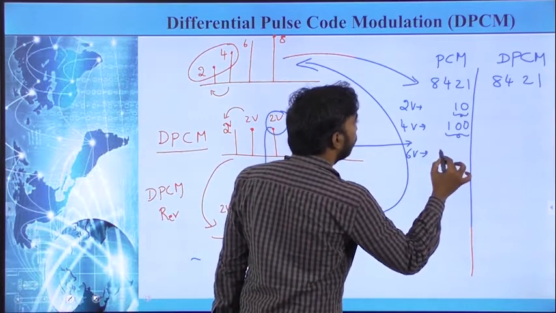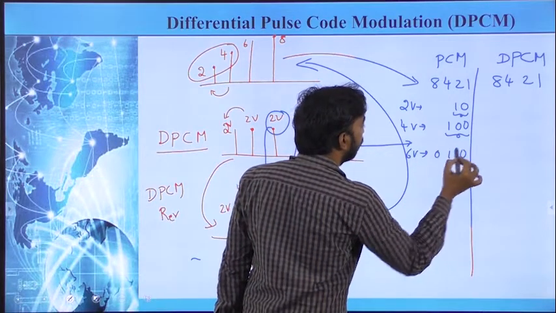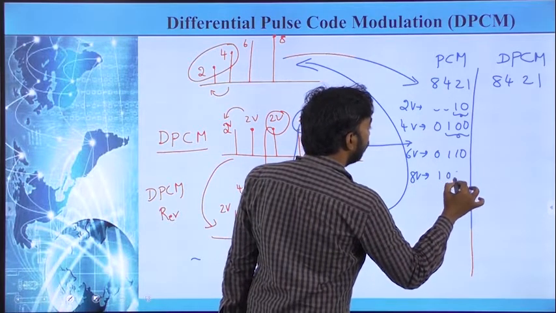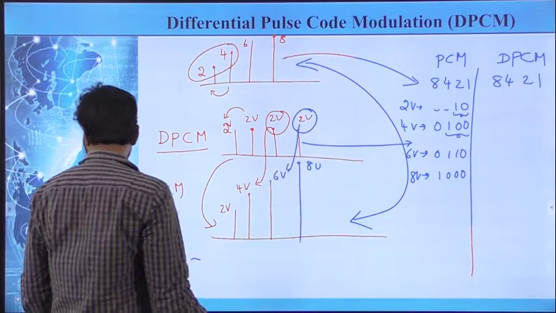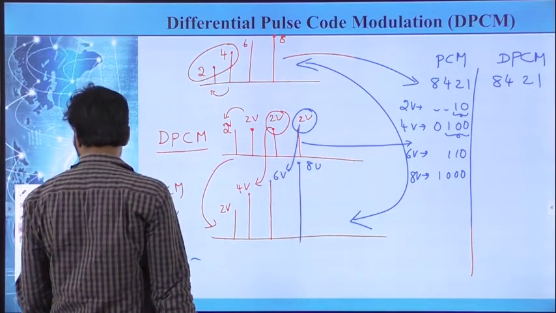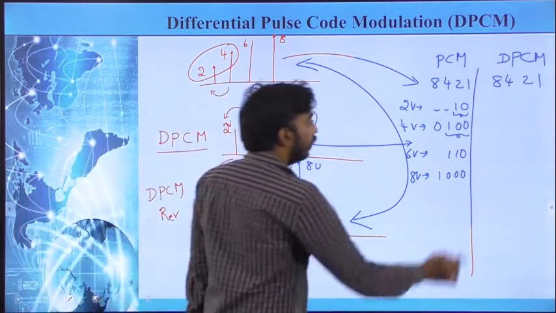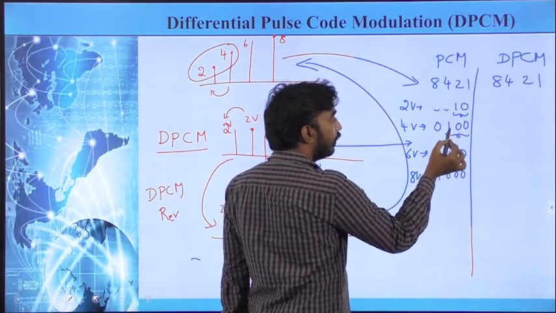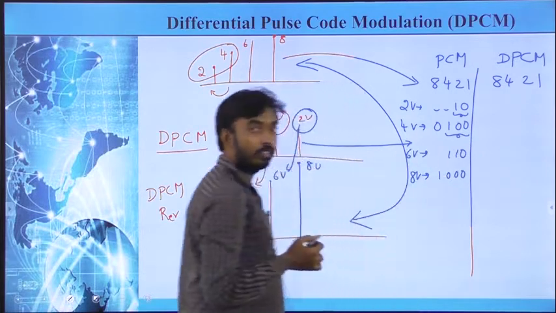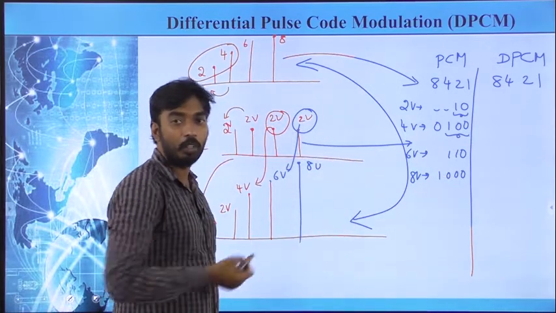Six volts, 8 volts: 2 bits, 3 bits, 3 bits and 4 bits. The bit length is more.